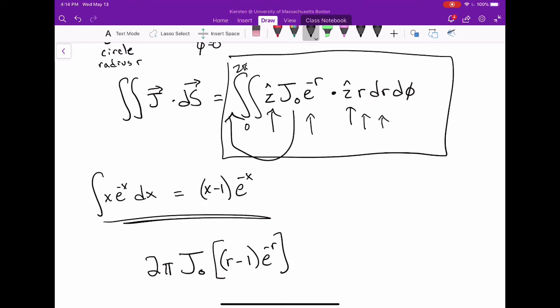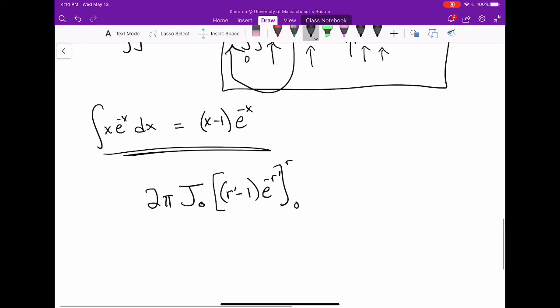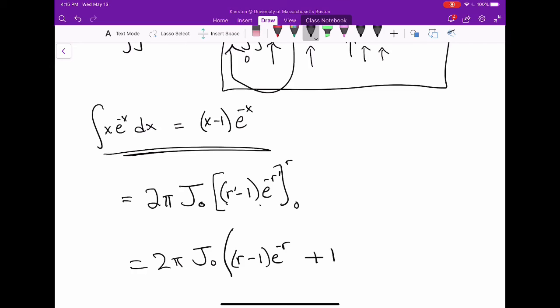That's being evaluated from 0 to r. It's a little confusing. We should have made these r primes to begin with so that that would be easier to deal with. And once we evaluate that, we've got 2 pi J naught, r minus 1 e to the minus r, minus 0 minus 1 e to the 0, which is 1, so plus 1.